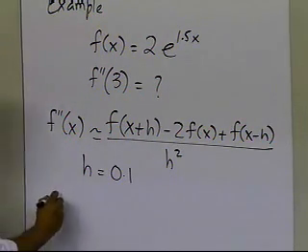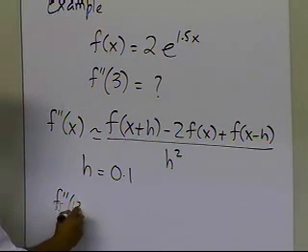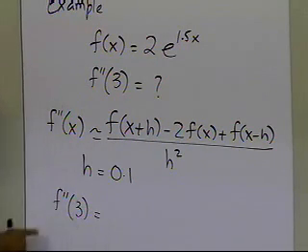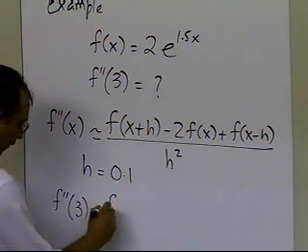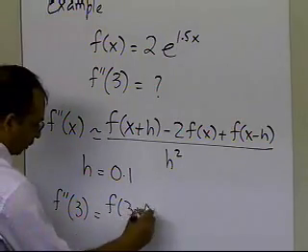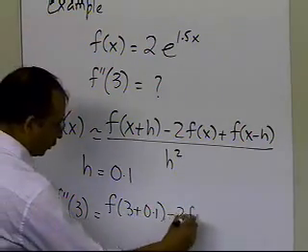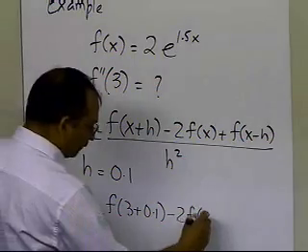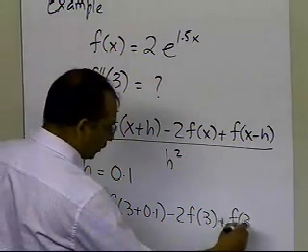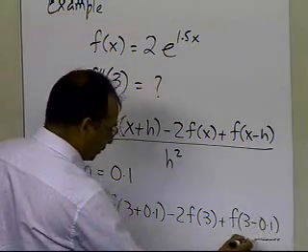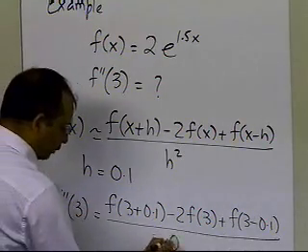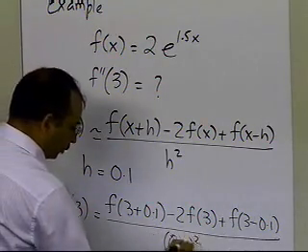So in that case, f double prime of 3, which is the second derivative of the function which I want to calculate at x equal to 3, because that's what my problem statement is, will be the value of the function at 3 plus 0.1 minus 2 times the value of the function at 3 plus the value of the function at 3 minus 0.1, divided by 0.1 squared.